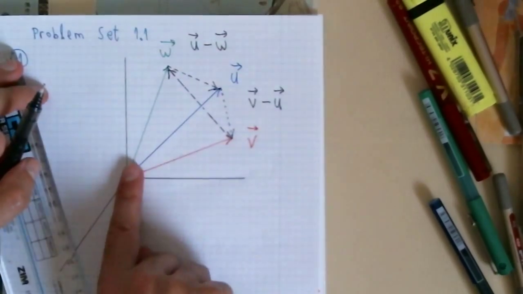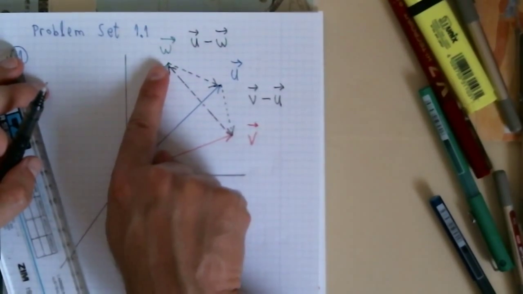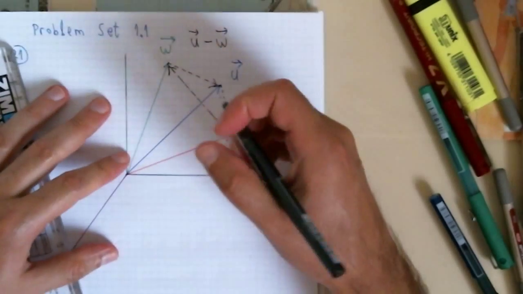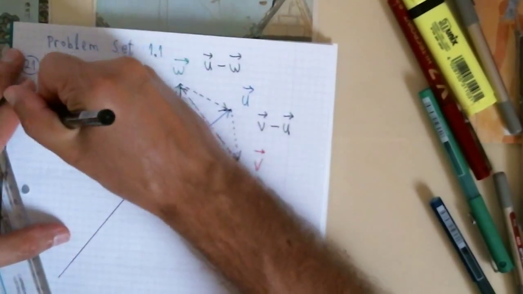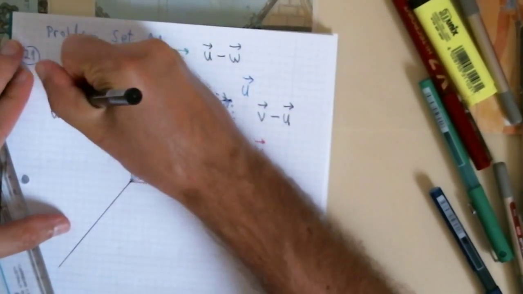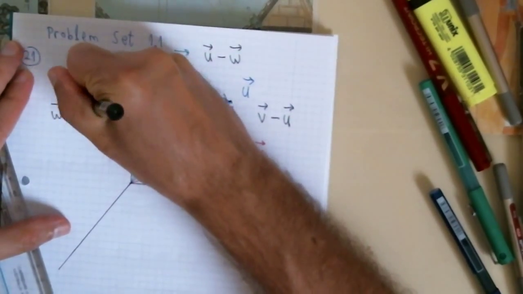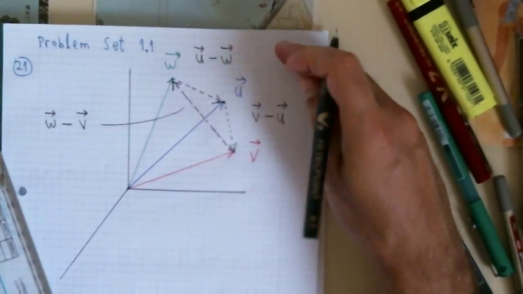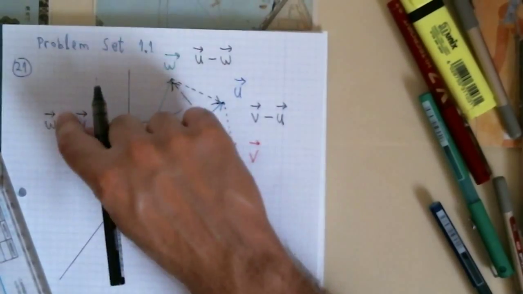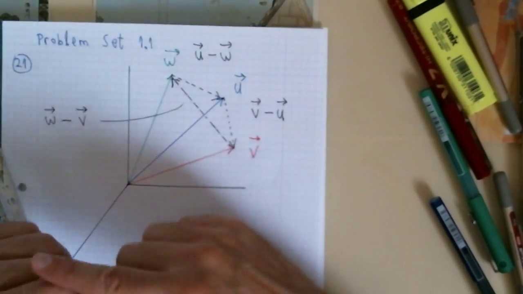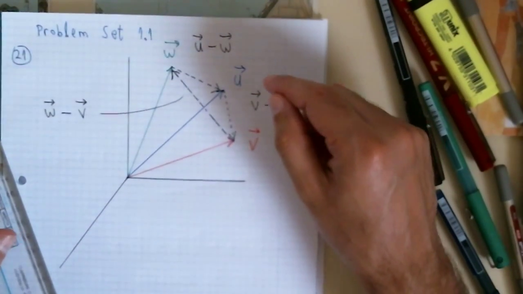Minus v plus w, it's w minus v. So this is w minus v. Okay, so these are the three vectors that they are talking about.